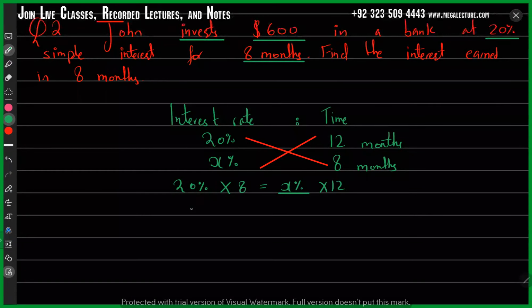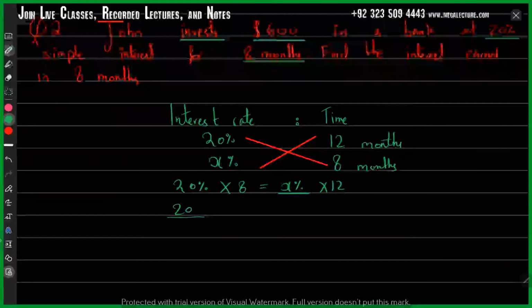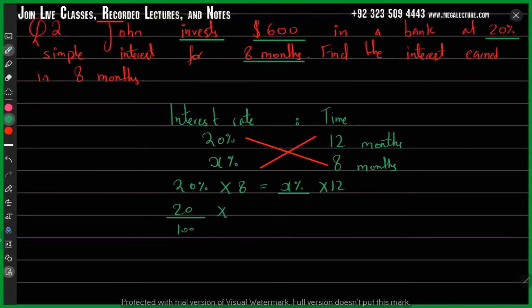Now 20% multiplied by 8 equals 12x%. And this 0 and 0 would be cancelled. This would give me 16 divided by 10 equals 12x%. And let me simplify further. So it is going to be 16 divided by, I'll take this 12 on the side, and it would become 16 divided by 120 equals x%.